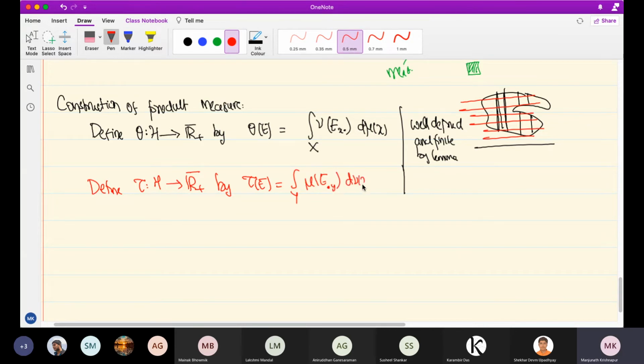And then integrate with respect to X. Okay, this is also well defined for exactly the same reason. So what is the point?